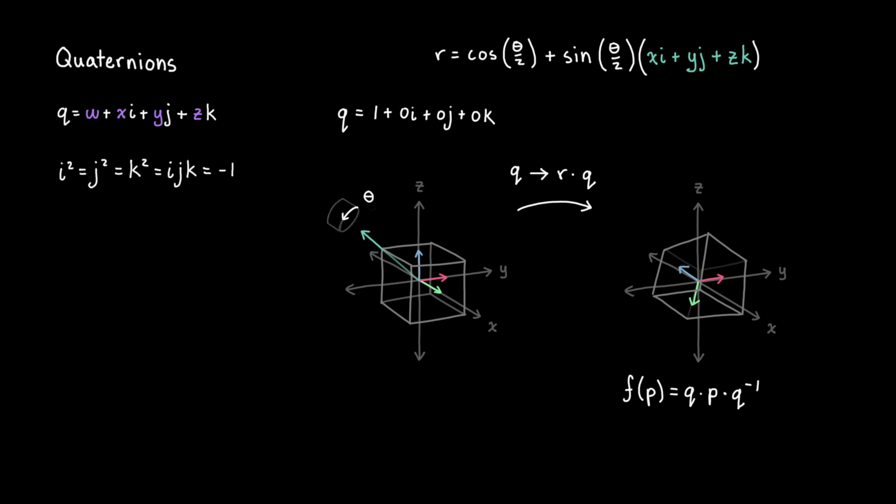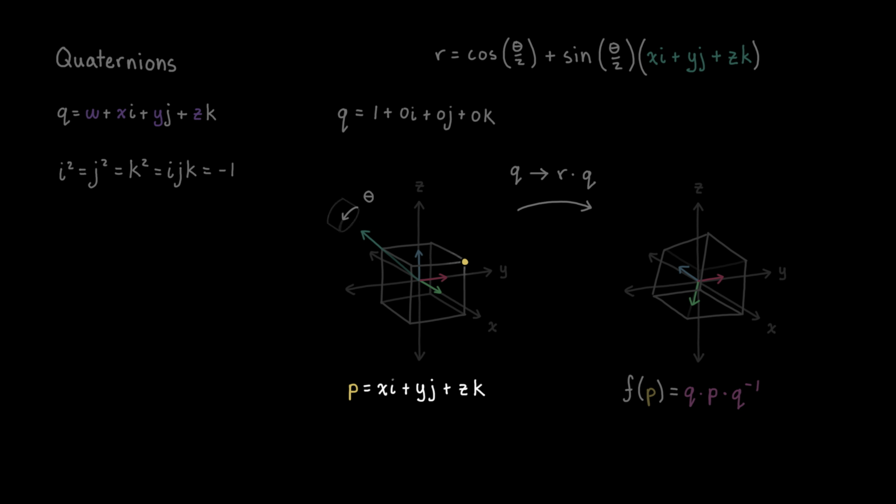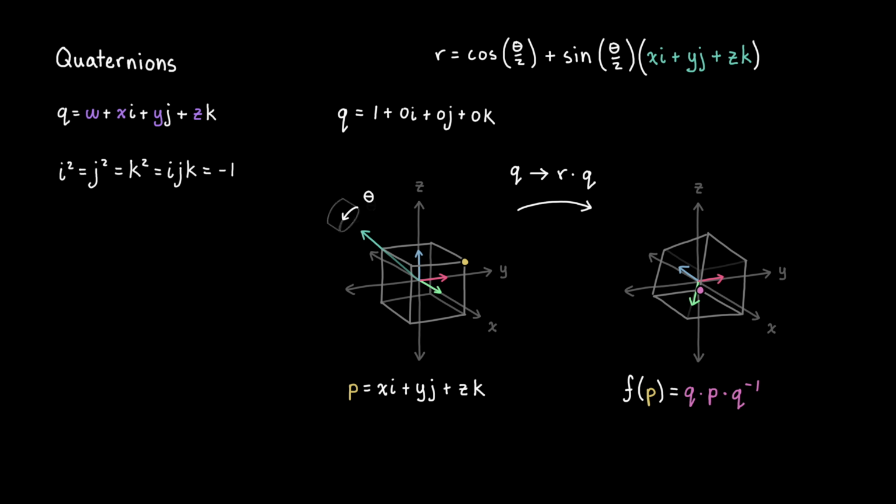Given a point's original xyz coordinates, which we write as the quaternion xi plus yj plus zk, this sandwich-like product gives us the transformed position of the point, as described by the quaternion. For example, given this point on the cube as input, the function returns the transformed position of the point. In general, this is how we know the position of the points in space that are oriented by the quaternion.